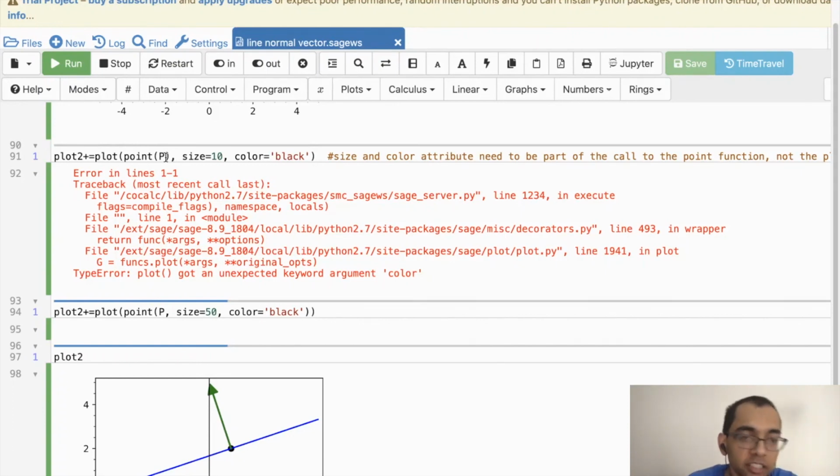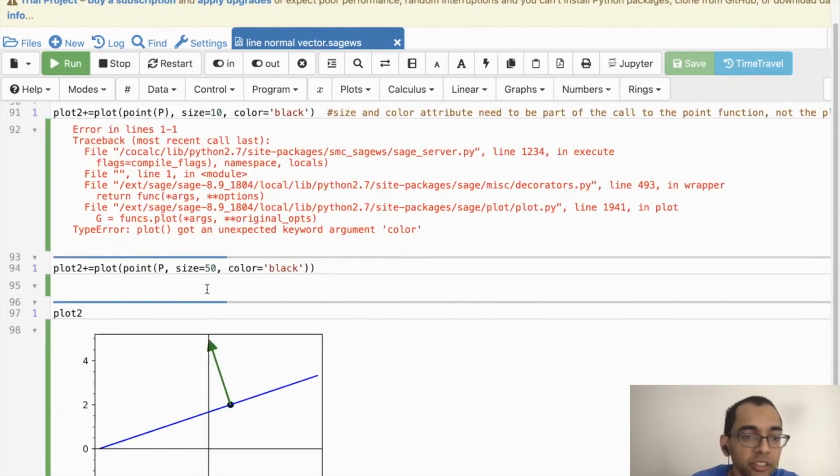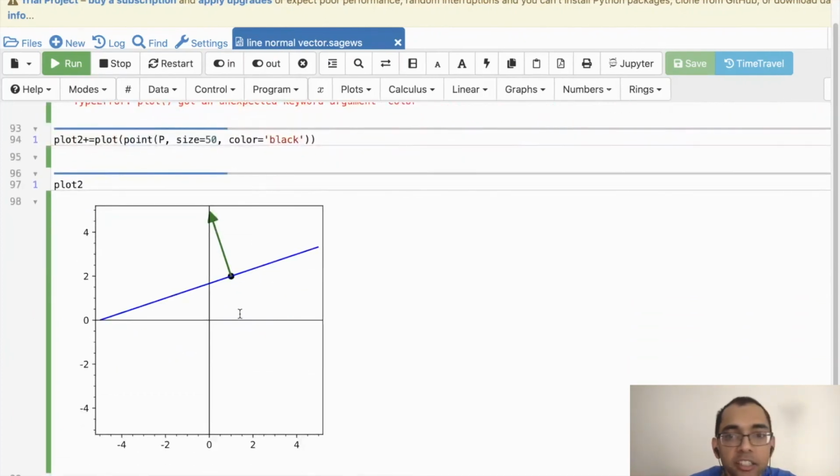If you're plotting a vector, this would be fine, but if you're plotting a point, you need to put size and color as part of the call to the point. It's a very subtle distinction and might take a few moments to realize, but if you get this type error that says plot got an unexpected keyword argument, that's likely a cause. Then here's our plot, and here's our point p.